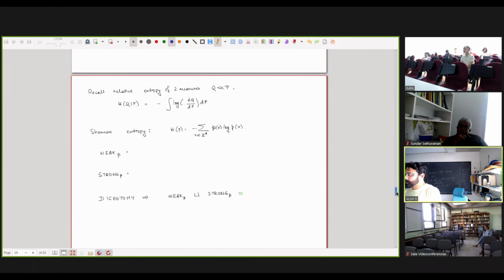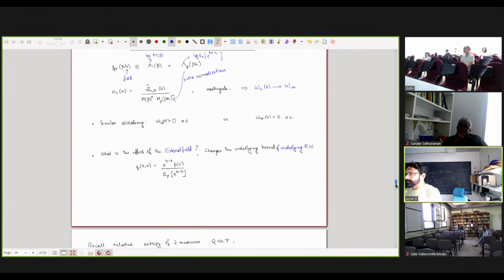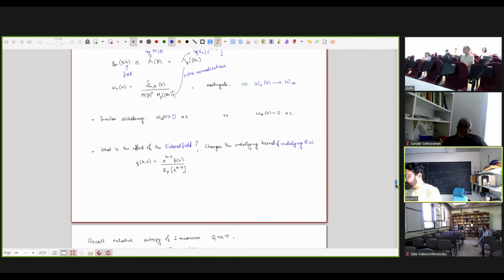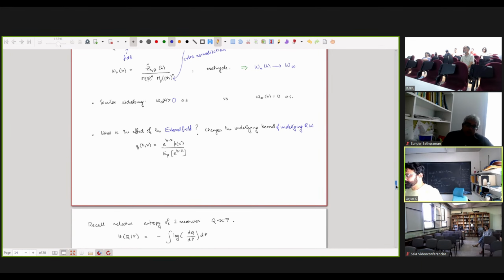So I'm almost ready to state our main theorem. We've introduced the free energies, we've introduced the Bolthausen martingale, we've talked about the effect of the field on changing the kernel of the underlying random walk in a very specific Gibbsian way. Okay? There should be a beta in here that I've missed, but it's not so important.